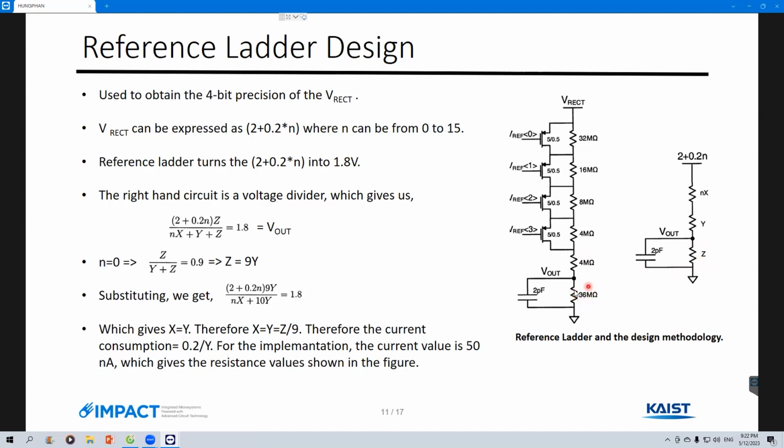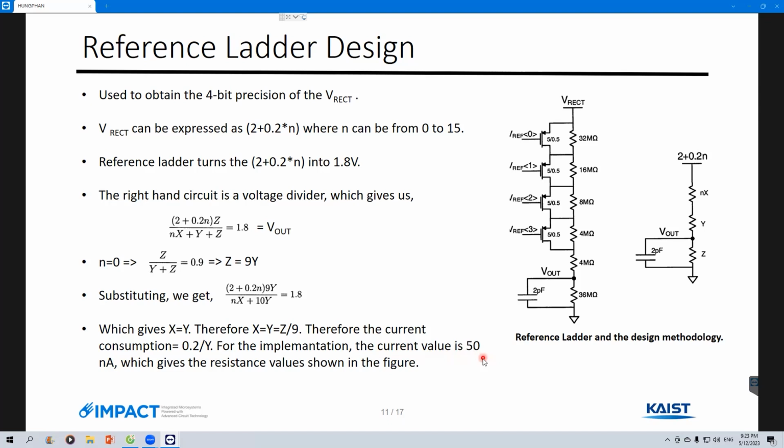Z is 16, right? 9Y. And X is from here to here, right? And it's controlled by 4 bits, right? So Y is 50 nanoampere. This is the implementation value. Where does it come from?